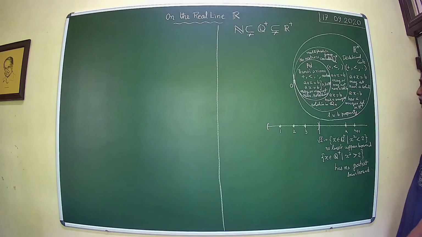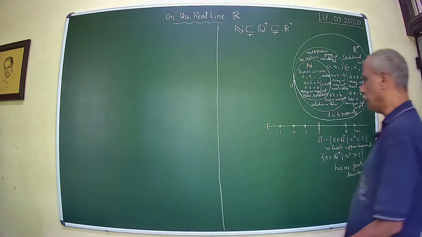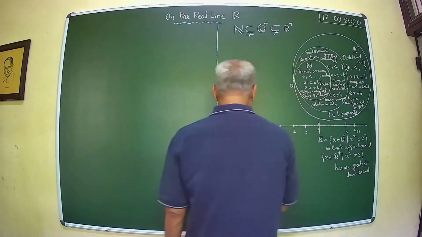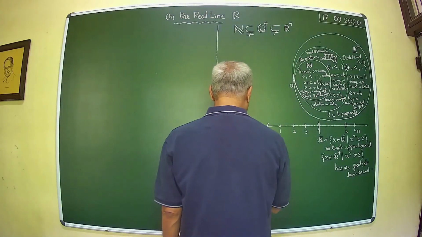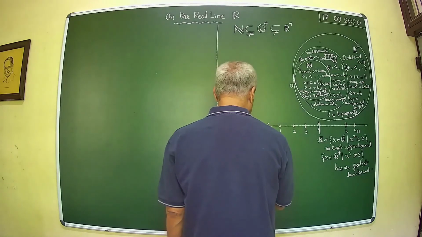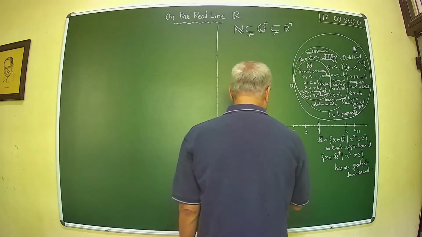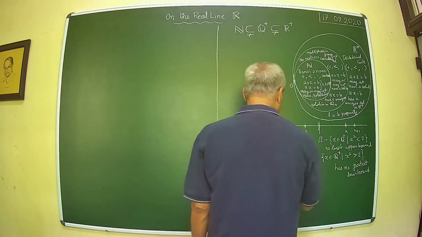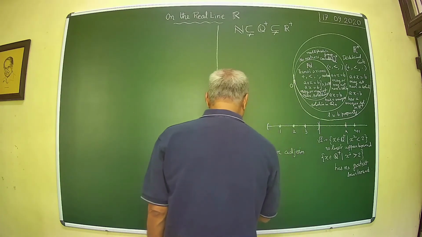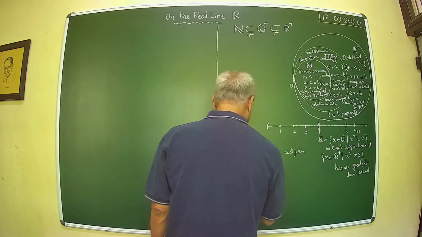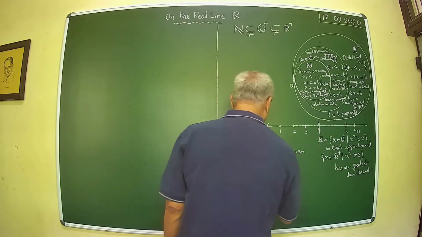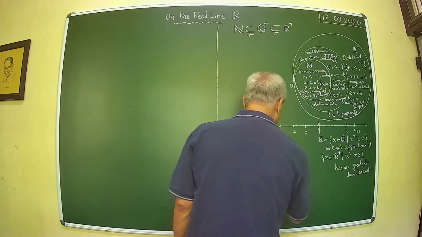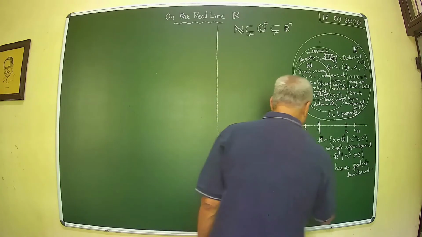Then what you do is for every psi belonging to R plus, we adjoin an element called minus psi.